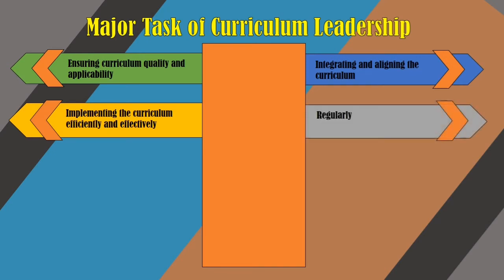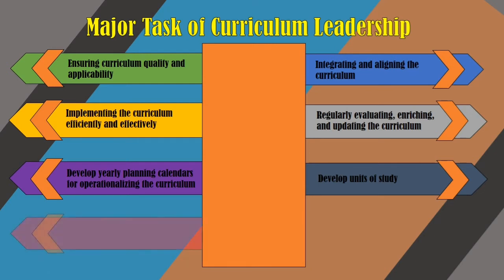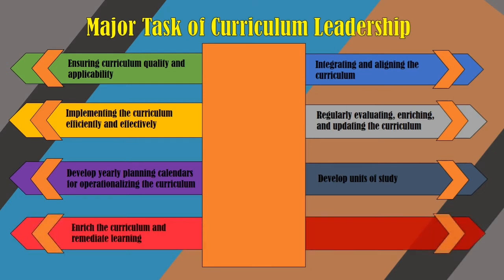Fourth is regularly evaluating, enriching, and updating the curriculum. Next is develop yearly planning calendars for operationalizing the curriculum. And then develop units of study, enrich the curriculum and remediate learning. And last is to evaluate the curriculum.